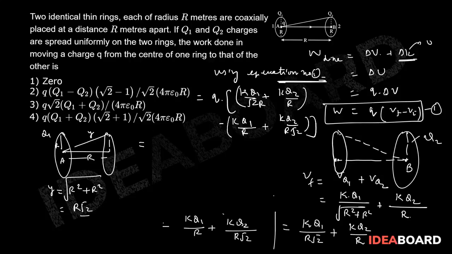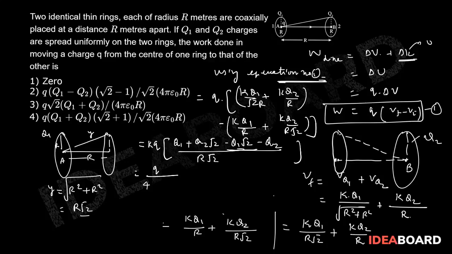Now to simplify this, you can take 1 by R root 2 common, and K common, so you will get Q1 plus Q2 root 2 minus Q1 root 2 minus Q2, correct? Now you can put the value of K, 4 pi epsilon naught, into R root 2.